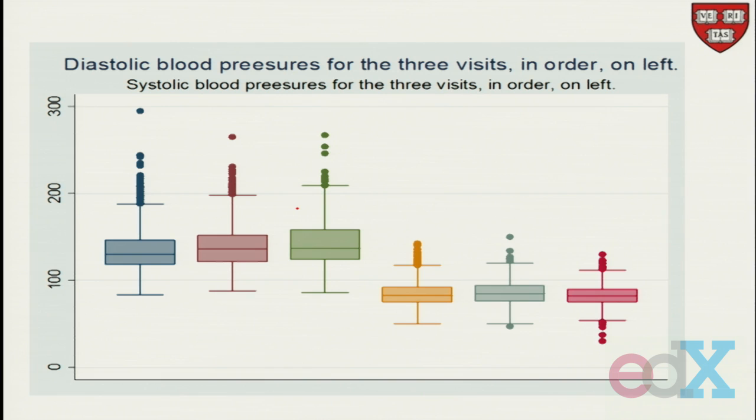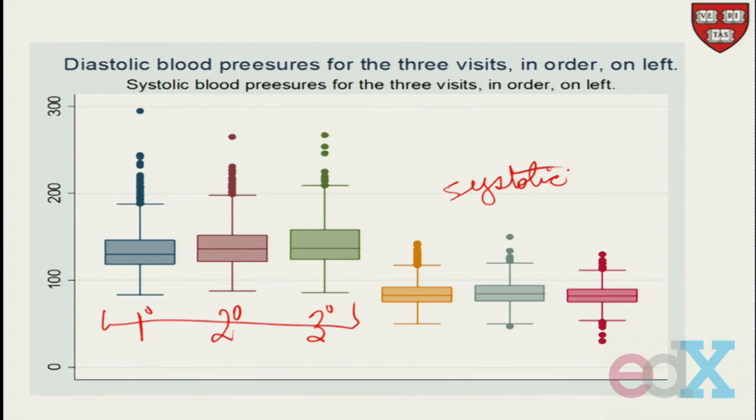Here, now you can put these things side by side. These three are the diastolic blood pressures for the 3 visits. This would be for visit 1, this would be for visit 2, and this would be for visit 3. And here they are for the systolic, visit 1, visit 2, visit 3.